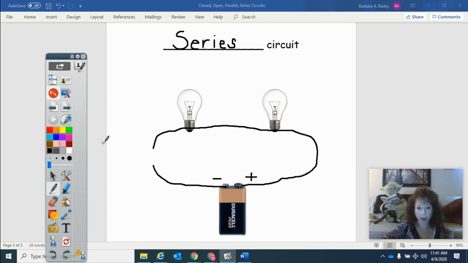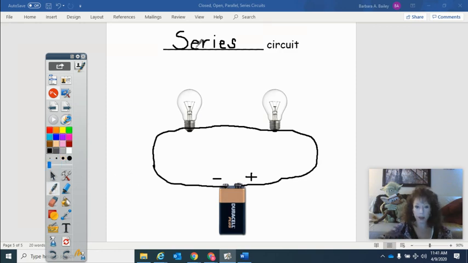Okay, so in a series circuit, it's one continuous loop. You might have more than one load, more than one light bulb or whatever you're trying to power on the circuit. But if there's any break along the circuit, then that means that the entire circuit is not working, and so whatever's along that circuit is not going to be powered.